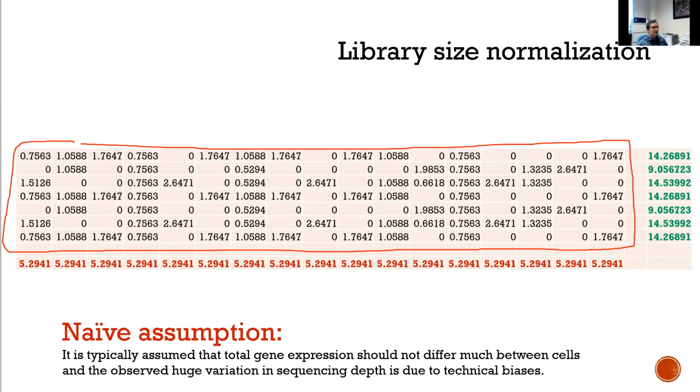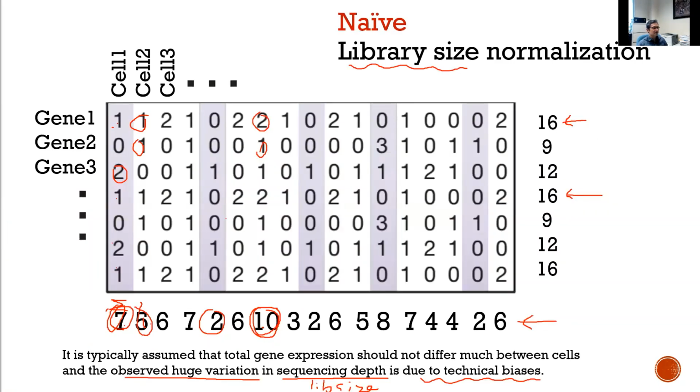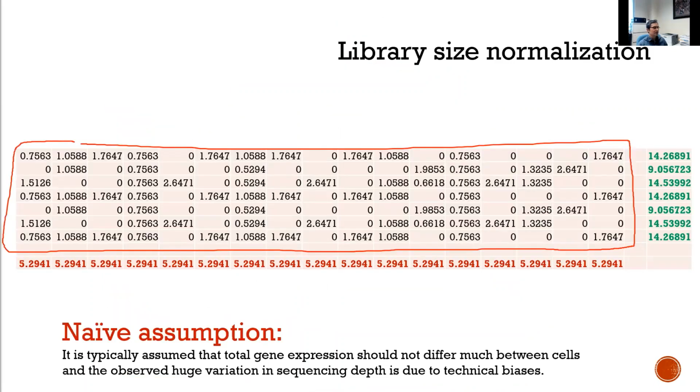After this normalization, the library size is used as a scaling factor. You rescale each expression level of each gene. And then if you sum this normalized matrix, all the cells will have the same library size. It's normalized.